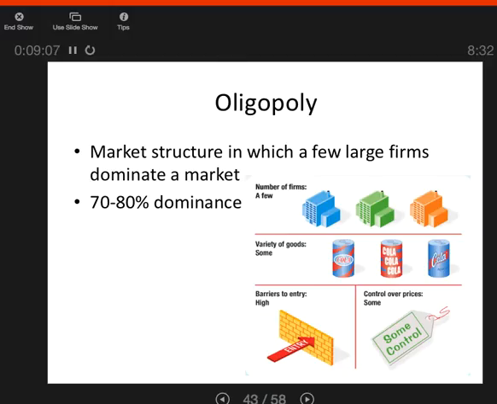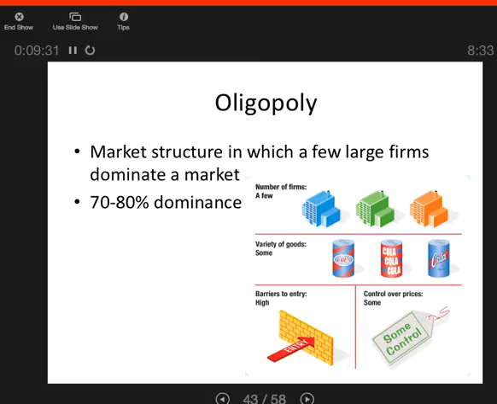Oligopoly. Oligopoly is the fourth market structure that we'll be looking at. And here are the characteristics. There are very few firms. There is some variety of goods. Barriers are very high, and they do have some control over prices.